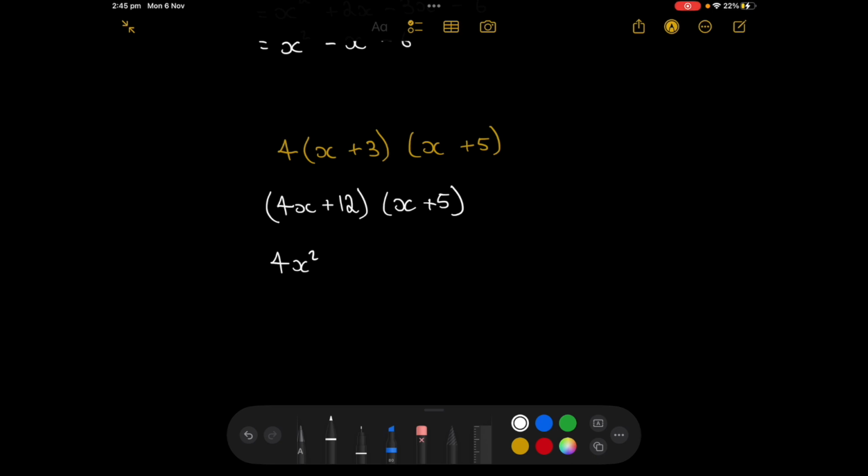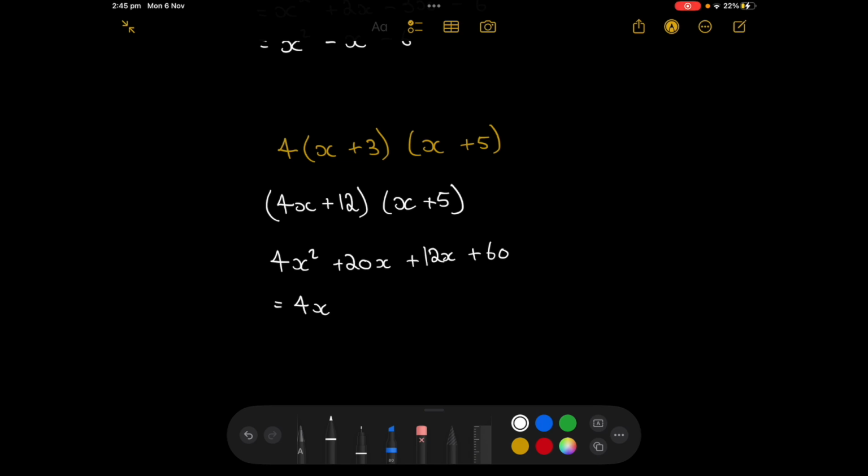Outside is 4x times 5, which is 20x. Inside is 12 times x, which is 12x. And last is 12 times 5, which is 60. Now, we once again can collect like terms and get 4x squared plus 32x plus 60. And that is the expanded expression of 4 times x plus 3 times x plus 5.